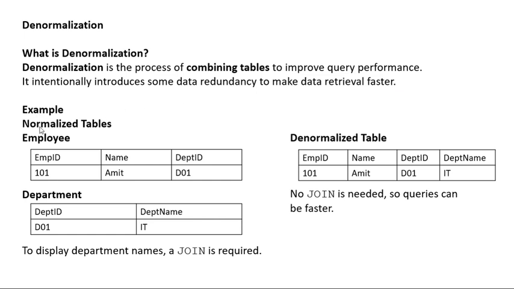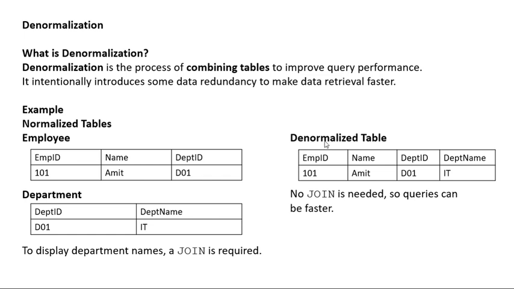And the example: in a normalized employees table we have employee ID, name and department ID: 101, name is Amit and department ID is D01, and in the department table, department ID D01 is IT, and to display the department name a join is required.